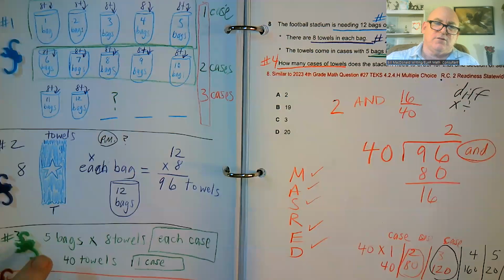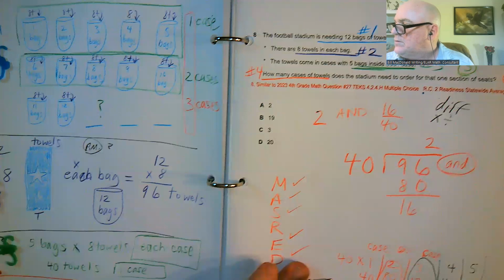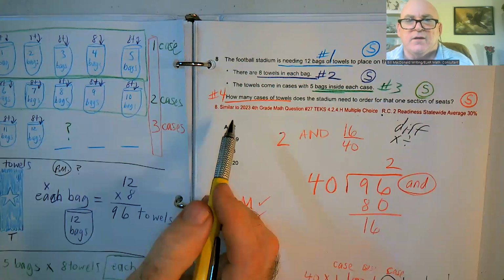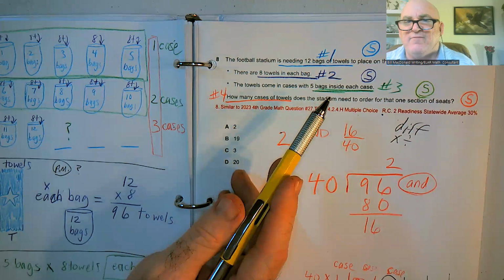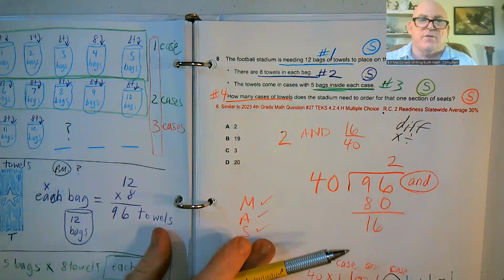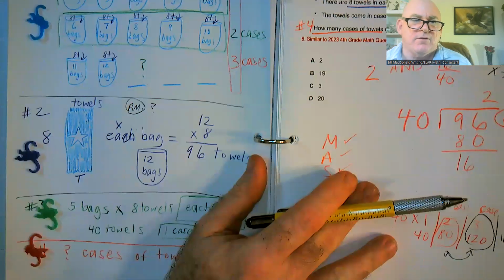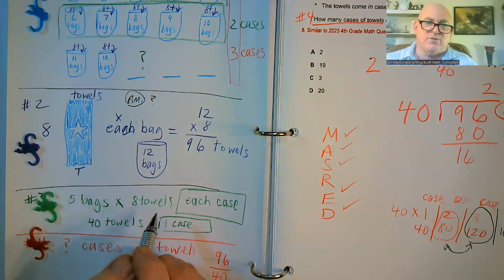Third sentence, third Skittle, third detail. The towels come in cases with 5 bags in every single case. Okay, so first I'll come down here. I have 5 bags of towels inside every single case.